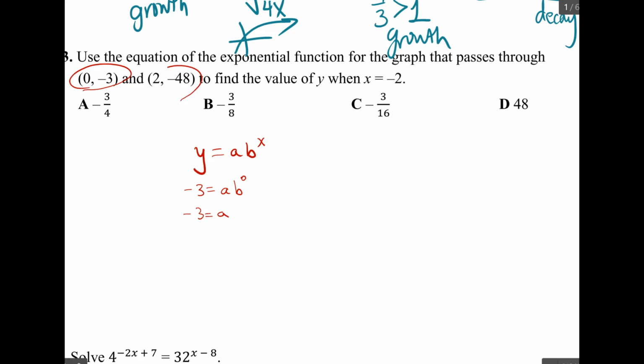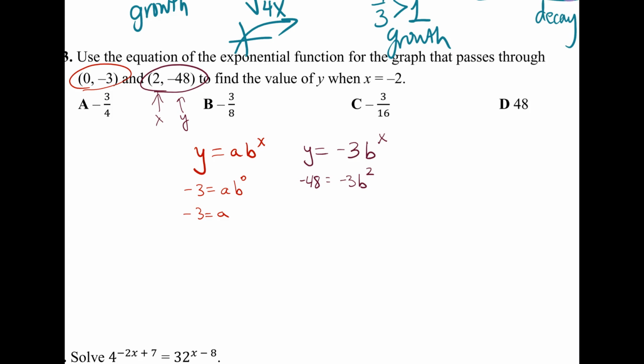Okay, and now I'm going to use this to find what b would be. Let me do it a different color so you can see. So I have y equals -3b to the x. I'm trying to solve for b. So let me plug in this x and y coordinate. -48 is equal to -3 times b squared.